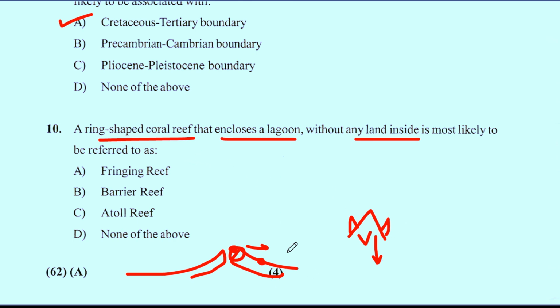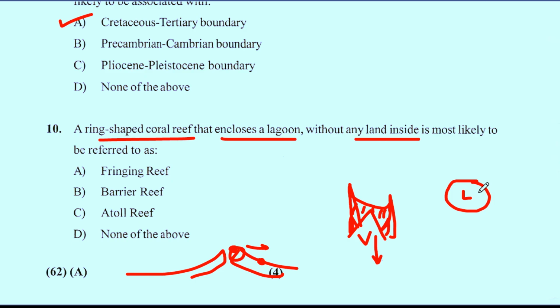So now coming back to the question, the coral reefs are growing like this, and they will reach up. Suppose this is going down due to subsidence, and the coral reefs grow slowly and cover everything, and only this kind of pattern appears on the surface, in which we get a lagoon inside, surrounded by a ring shaped coral reef.